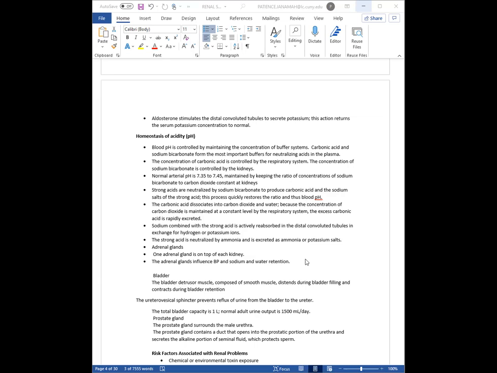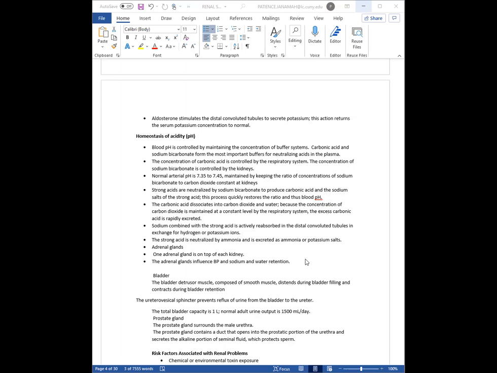Okay, so we know that blood also has a pH, and the pH of blood is being controlled by the kidneys as well. So the normal pH for arterial blood is 7.35 to 7.45.